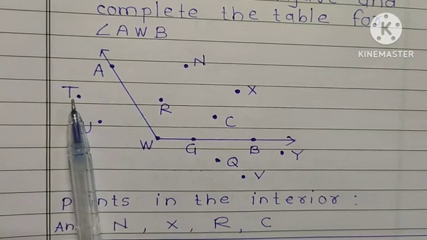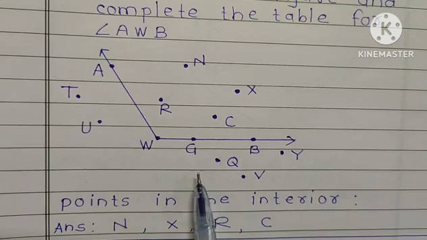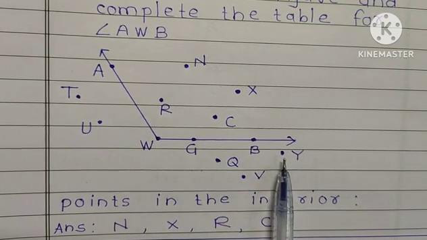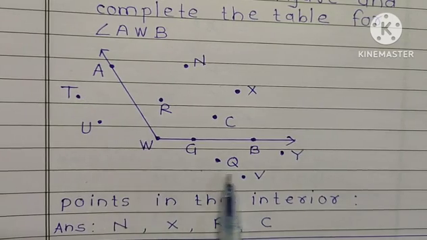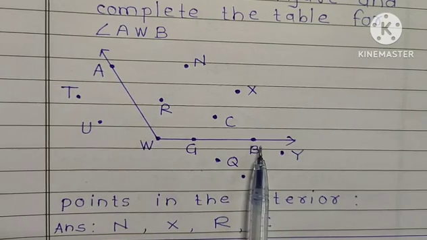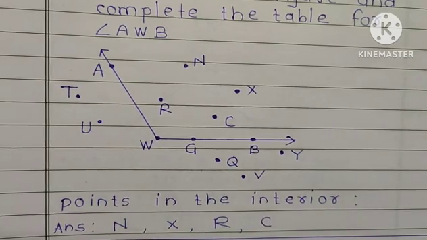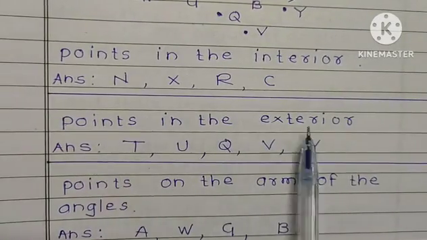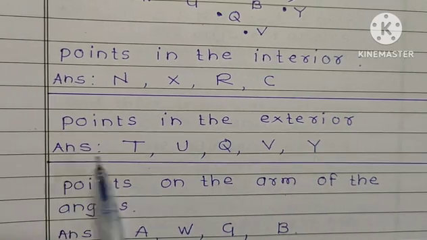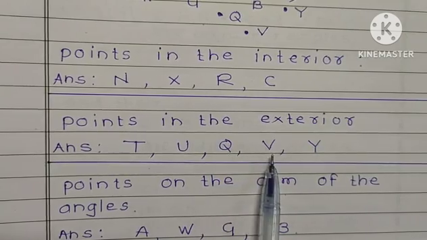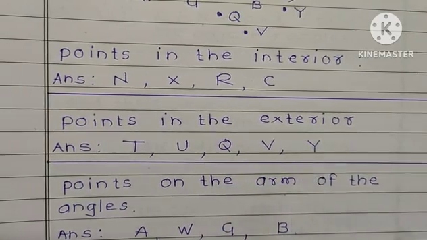So, points T, U, Q, V and Y are in the exterior of angle AWB. So, write here points in the exterior. Answer: T, U, Q, V and Y.